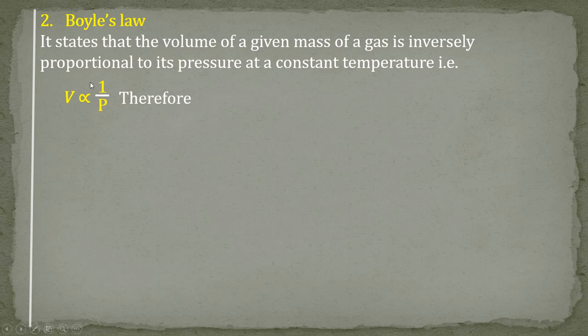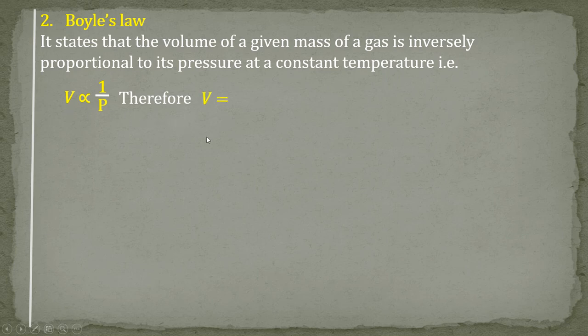It means since the proportionality is inverse, if we increase the volume of a gas, the pressure reduces. If we increase the pressure, the volume reduces. So they are inversely proportional. As one is high, the other is low.